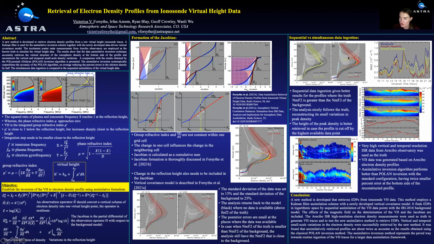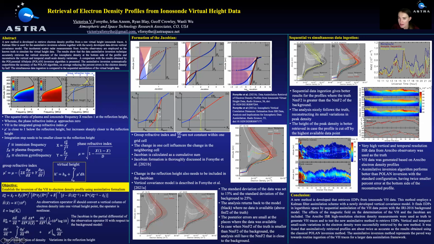So the difference in this method is pretty high in case the NMF2 of truth is greater than the NMF2 of the background. Why? It's because of these last data points.